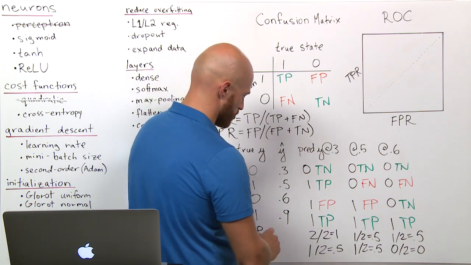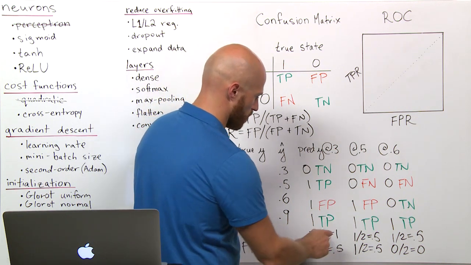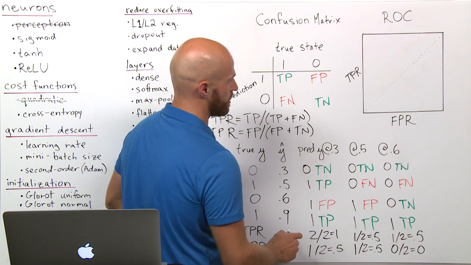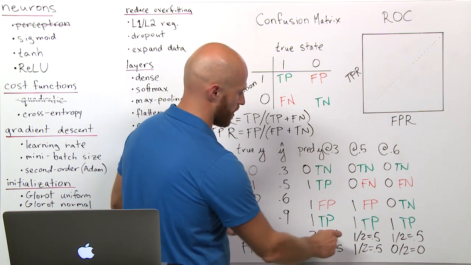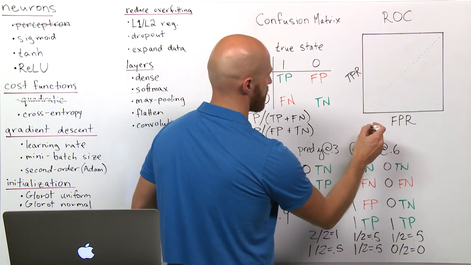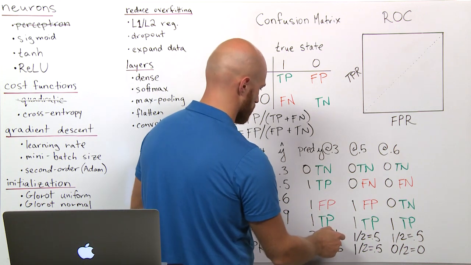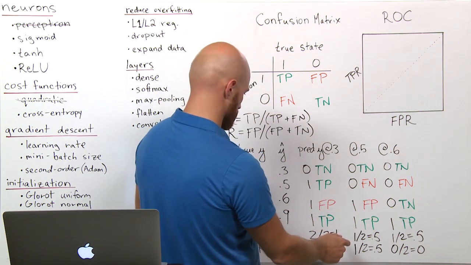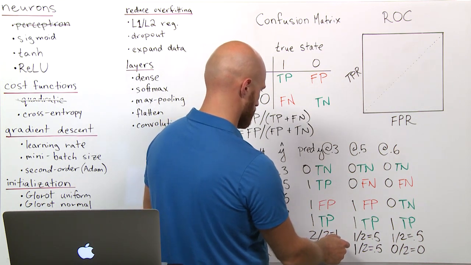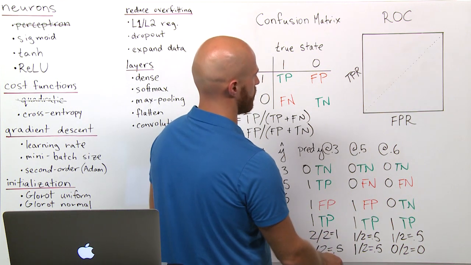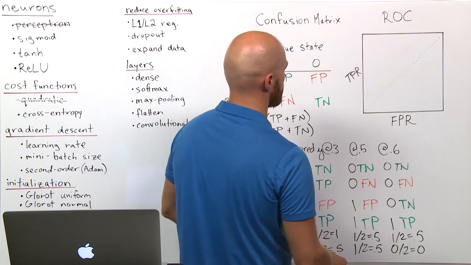So our coordinate for the first dot is on the true positive rate axis. It's going to be all the way up at 1. And the false positive rate is going to be at 0.5.